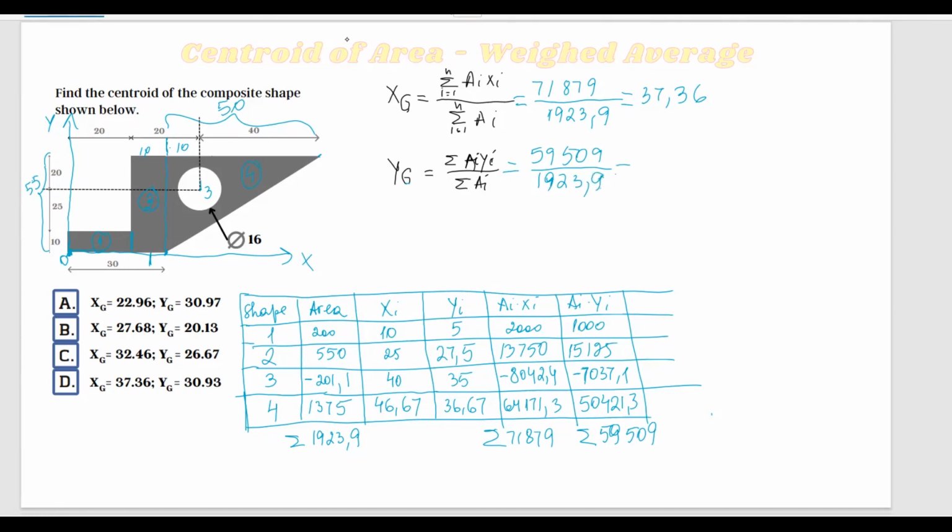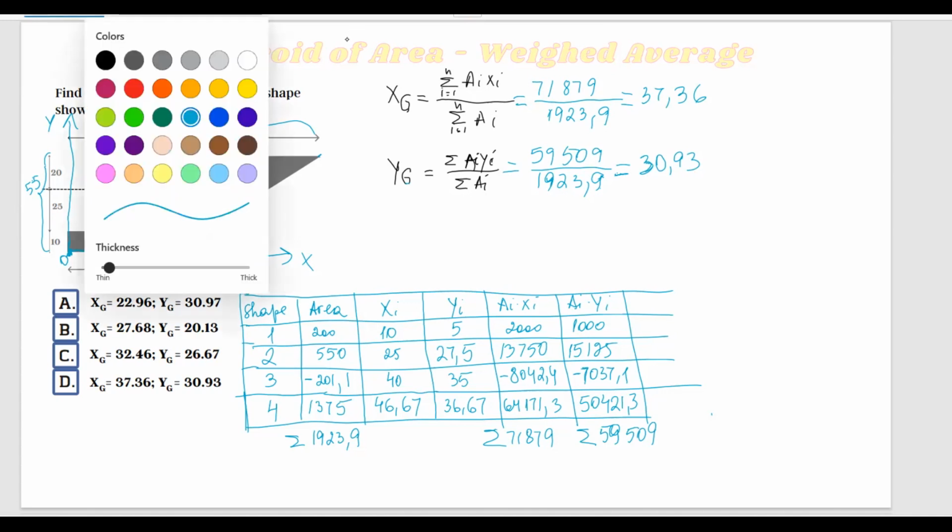And this is equal to 30.93. There you go. And this is how you calculate the centroid of an area.